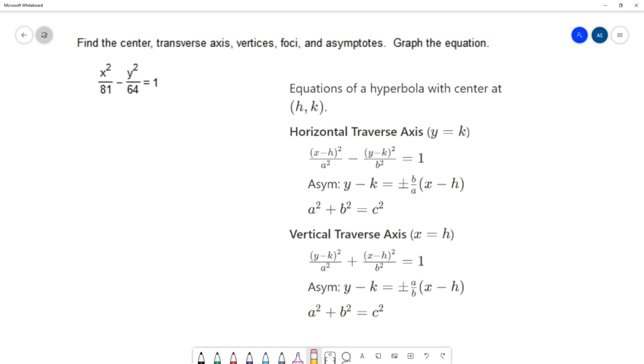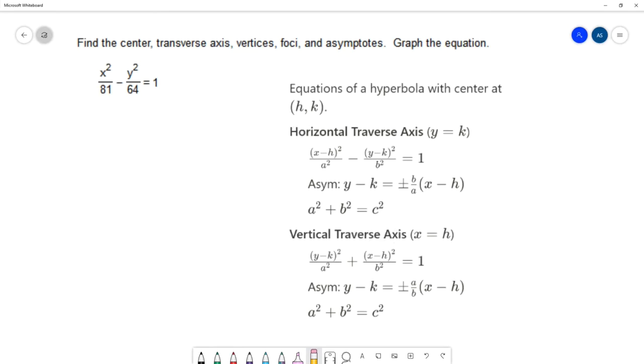So what I like to do first is to figure out the orientation of this hyperbola. So the orientation is either going to be horizontal or vertical.